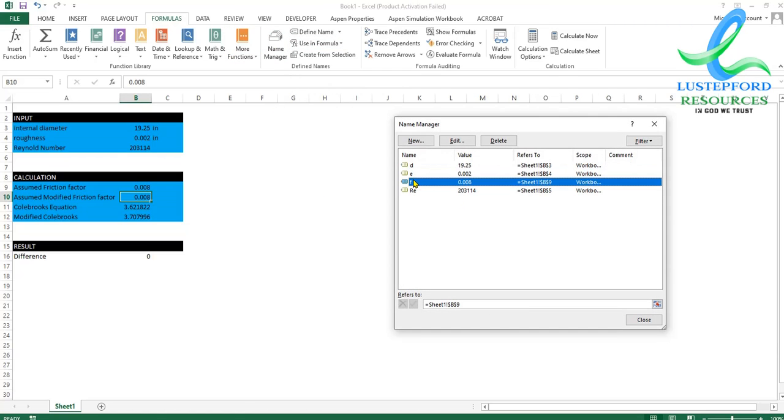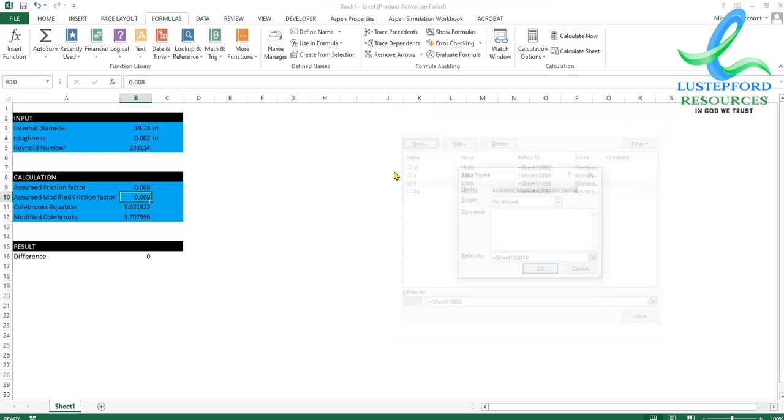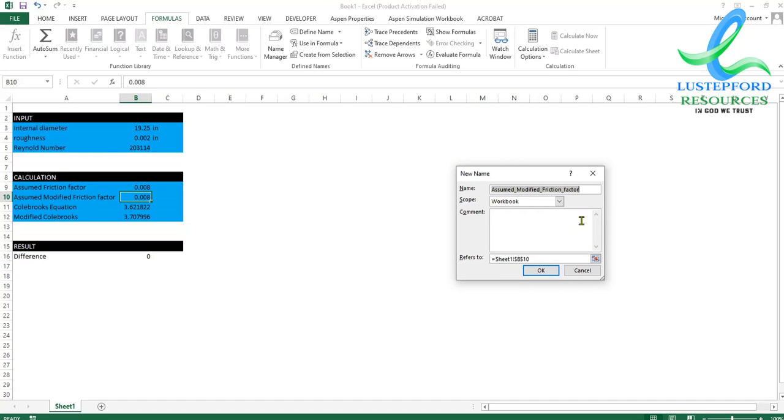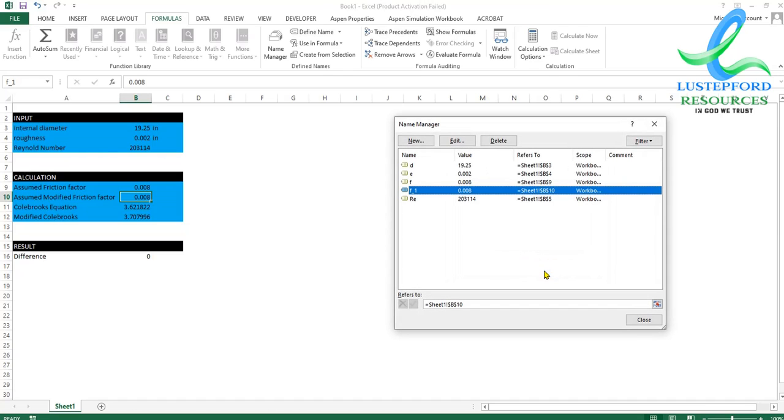Now here I need to change. Okay, I can leave this one like this. Then this other one, I edit it. I will just call it F underscore 1. Enter.